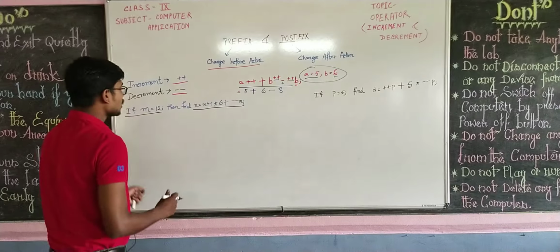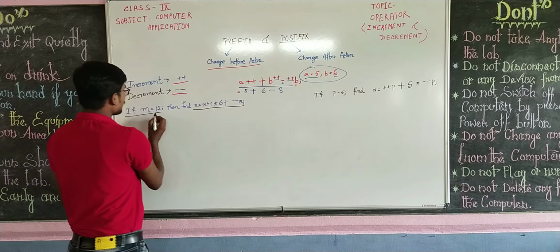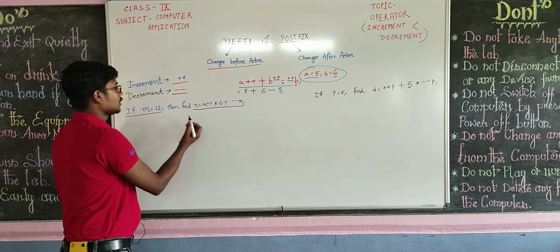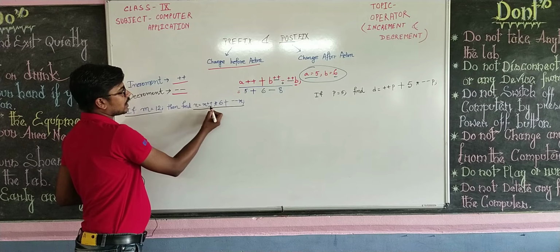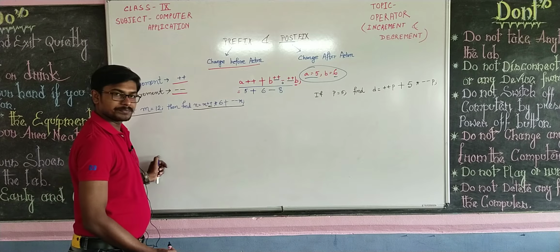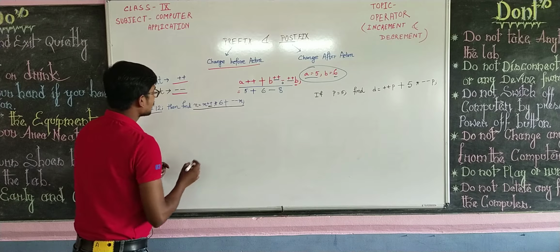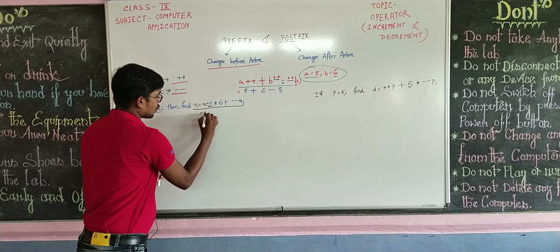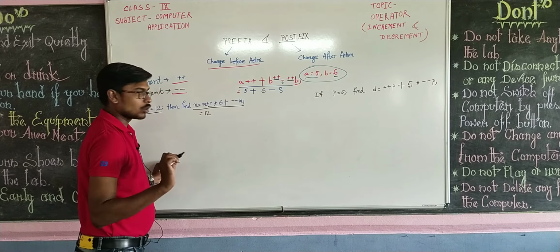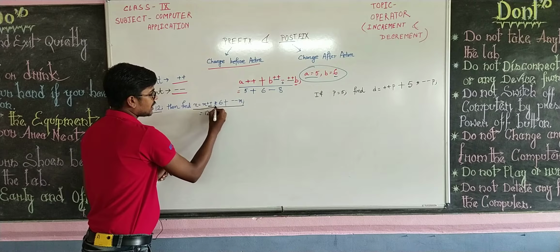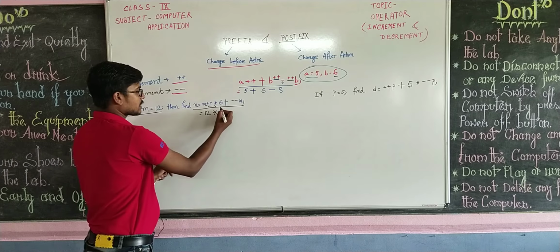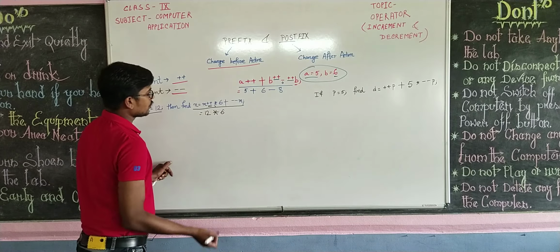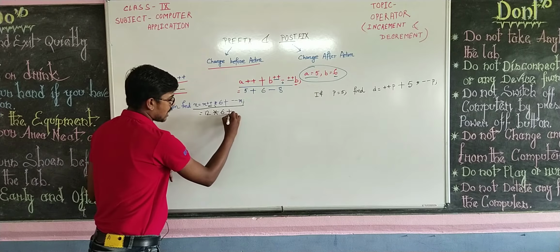Okay, now m equals to 12. Here m plus plus, it's a postfix operator, no issues. We will write here 12. Then multiplication symbol, just put here simply, then 6 is a digit, note down here, then plus.